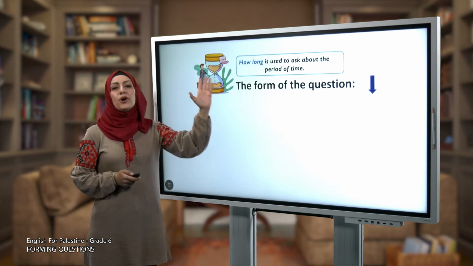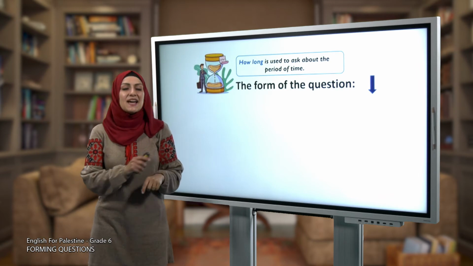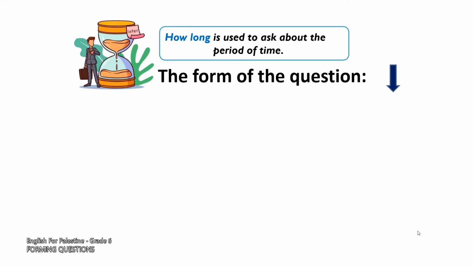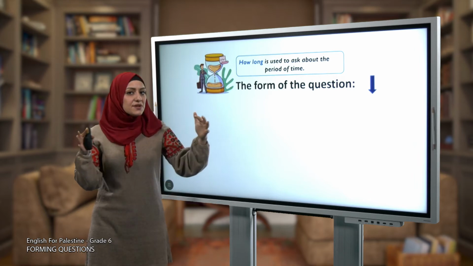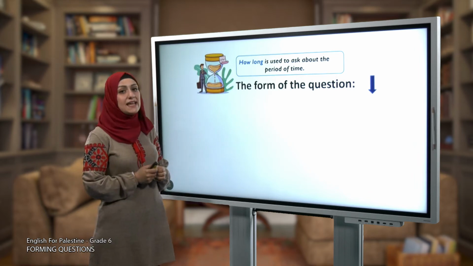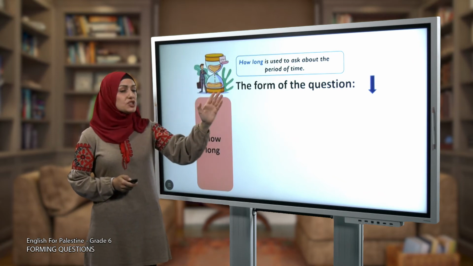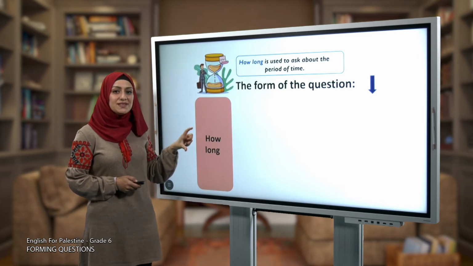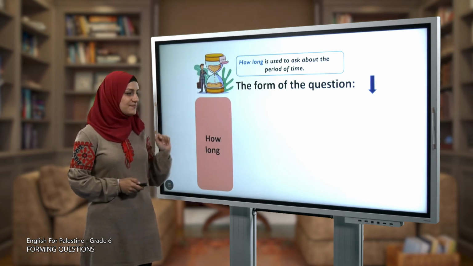Now, how do we form questions using the present perfect and using how long? You know that how long is used to ask about the period of time. How long? We want to know the period of time that something has taken. Let's start to learn how we form questions using how long. First of all, you should use the question words, and that is how long.